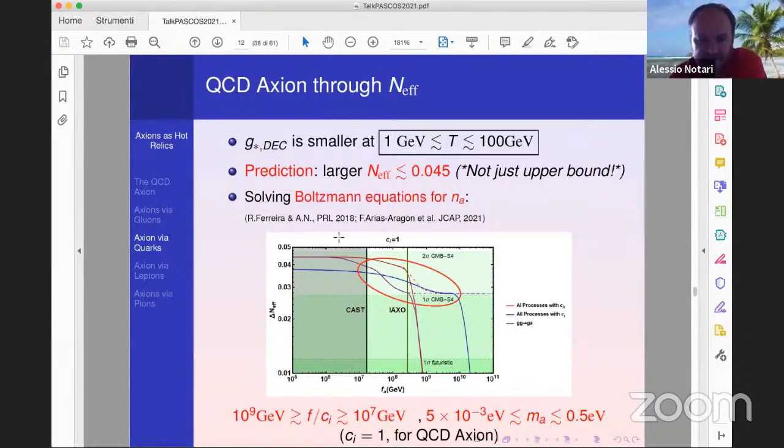This has been produced by solving Boltzmann equations. And a factor of 2 here is important because the sensitivity now could be such that the signal could be twice the noise of the experiment. And this could be almost enough to detect it, while in the previous cases it was not.